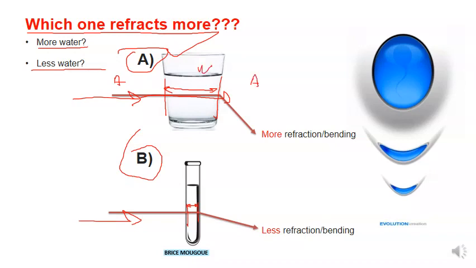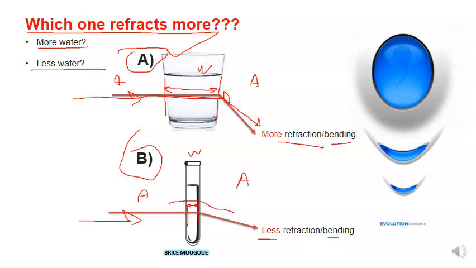Since light is passing through more water, I'm sure we'll have more refraction, more bending. And here again, air, water, air. Since light is passing through less water, I'm sure the refraction will also be less bending.